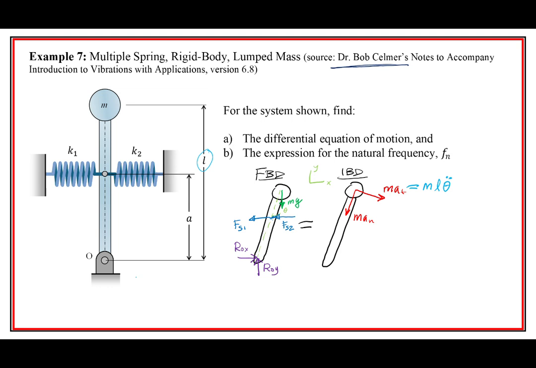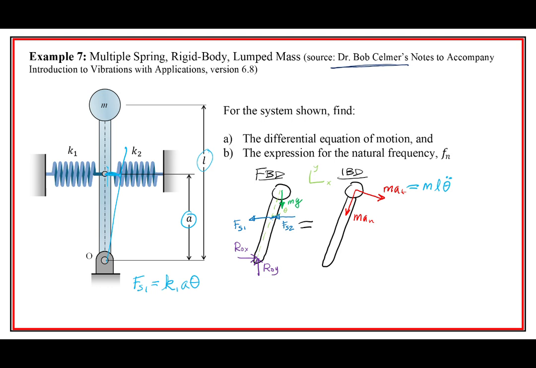I wrote Fs1 was going to be equal to K1 times A times theta. That already assumes the small angle thing, because here's A right here, so this is the distance it has traveled.